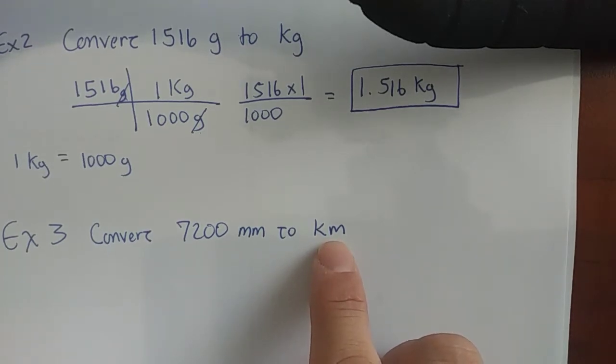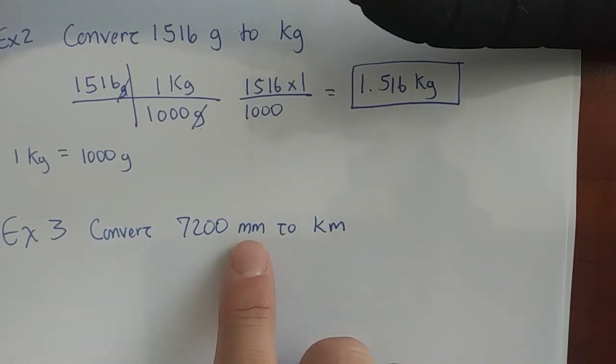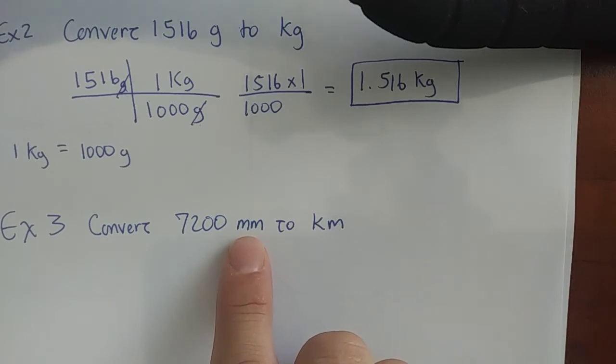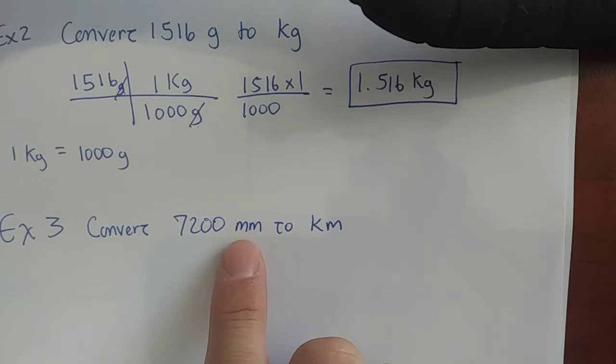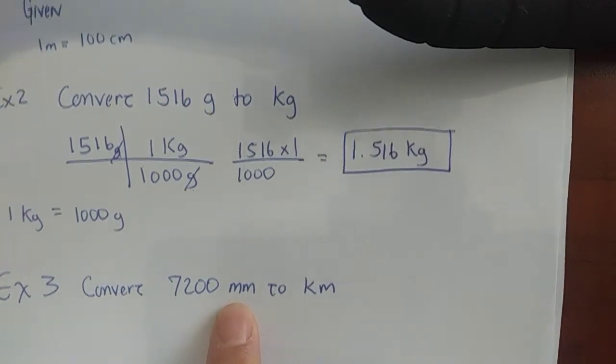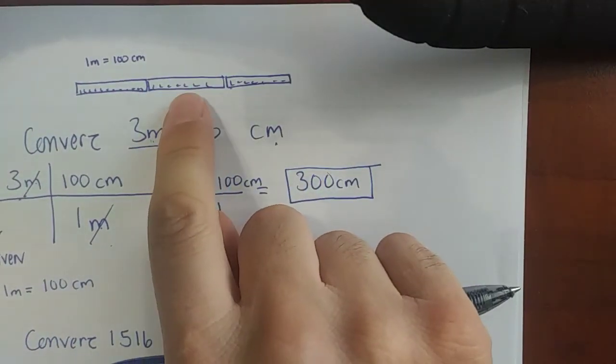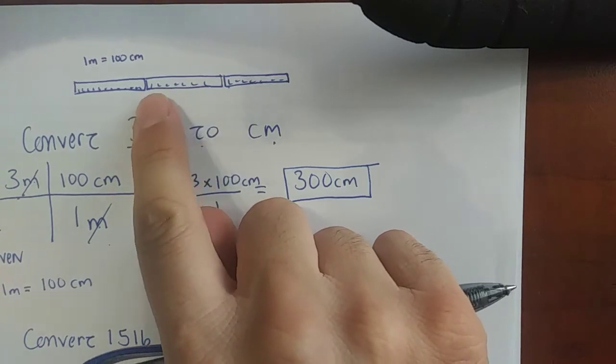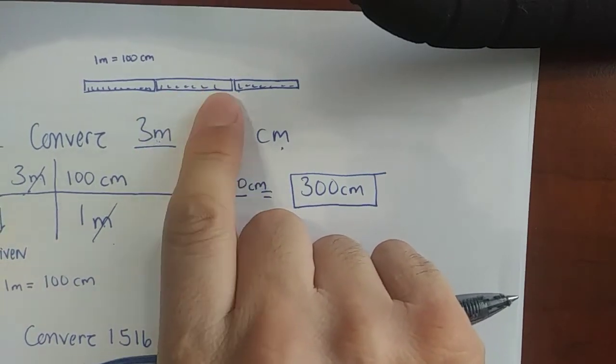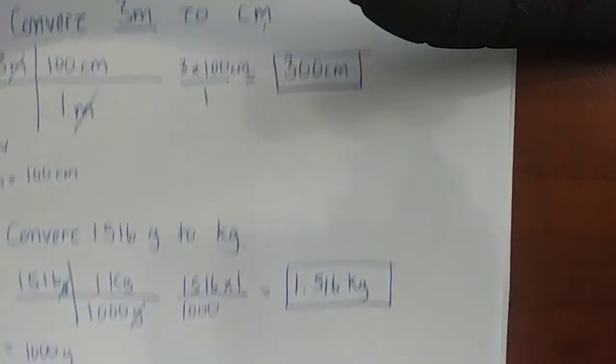You can drive kilometers per hour, whereas millimeters are thousandths of a meter stick, right? There's 1,000 millimeters in one yard, 1 meter stick, right?